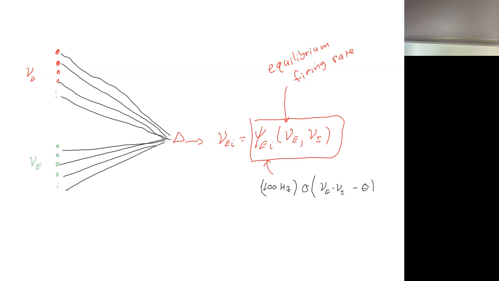Okay? So it's the difference in firing rate that matters. If nu_E is higher than nu_I, the sigmoid firing rate goes up, and the threshold is maybe around 3 hertz. Maybe less, maybe 5 hertz. Let's make it 5 hertz.